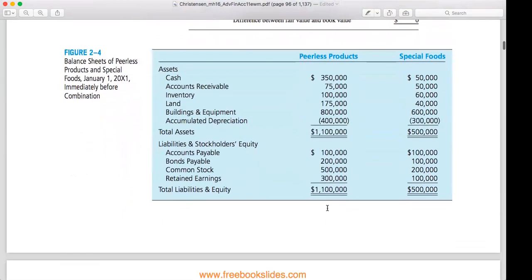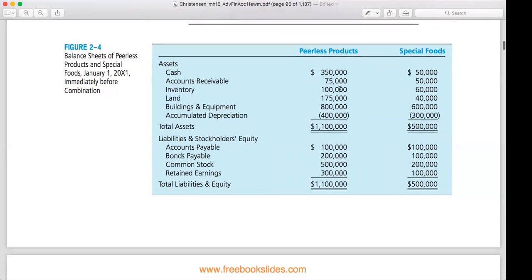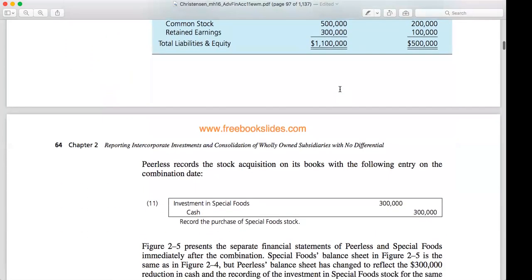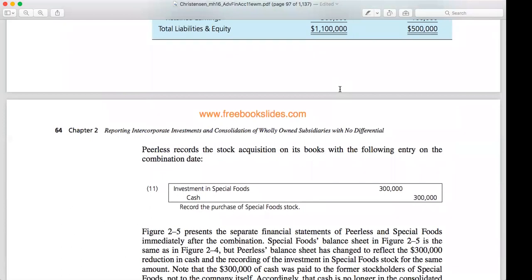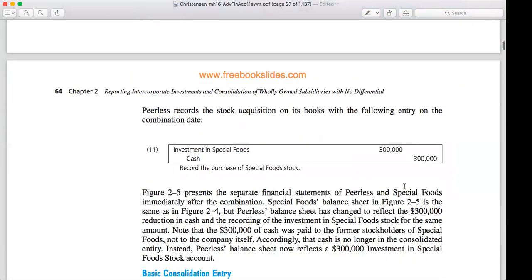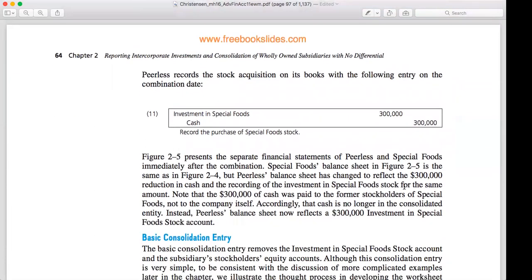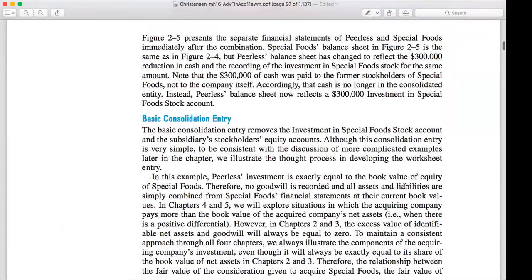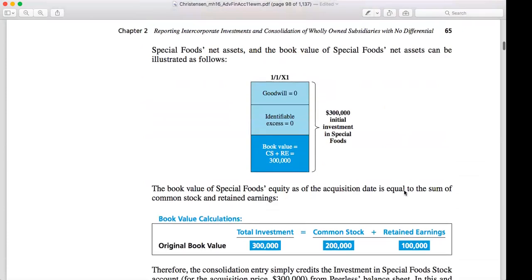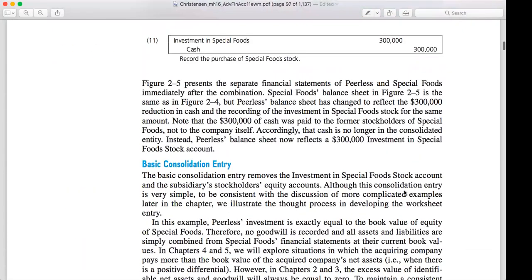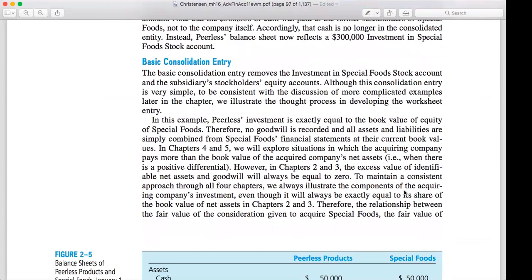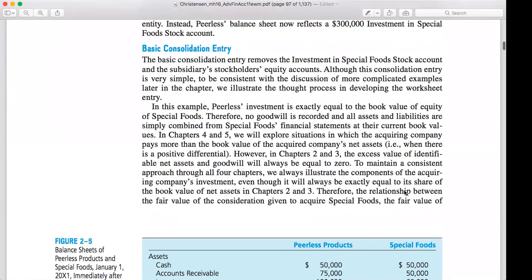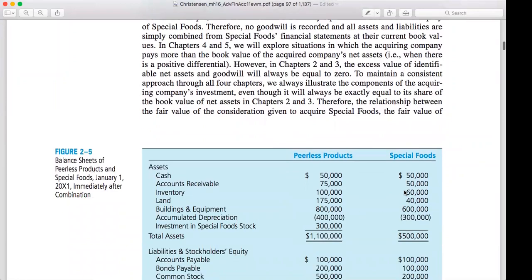This is the balance sheet of Peerless and Special Foods. So P for the parent, S for the subsidiary. Okay. And then Peerless will record the stock acquisition, right, for Special Foods, around 300,000, right? So, yes, this is a basic consolidation entry.